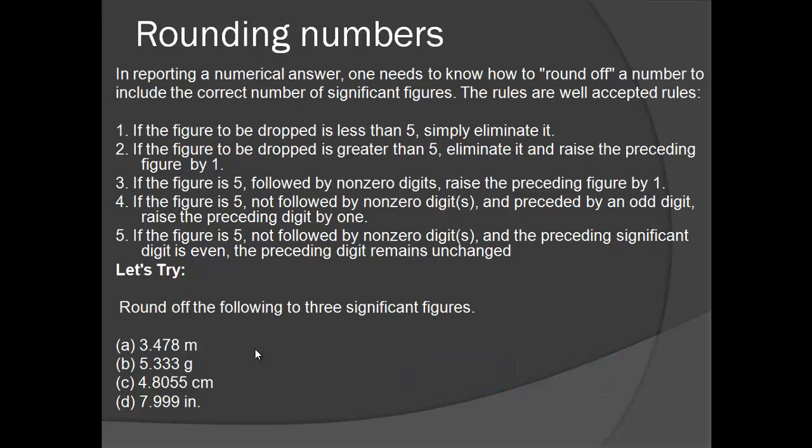Okay, number 4 you probably have never heard of before. If the figure is 5 and it's not followed by non-zero digits, so basically it means that it has nothing after the 5, and it's preceded by an odd digit, then raise the preceding digit by 1. Okay, so let's say my number is 7.0235. There's nothing after the 5. Right? So that's what it says there, not followed by non-zero digits.